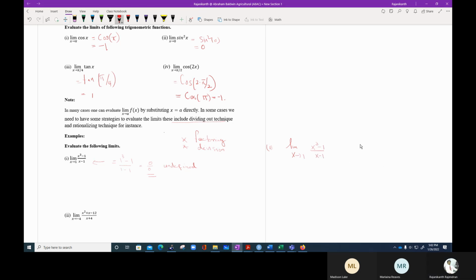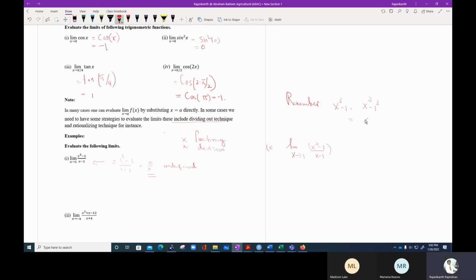Okay, so what I'm going to do is factor the numerator. Remember factoring in college algebra, you could factor this. This is in a cube minus b cube form. So 1 could be written as 1 cubed.